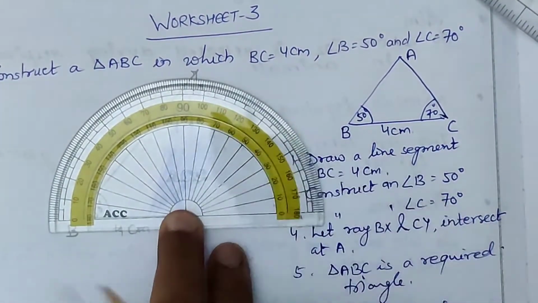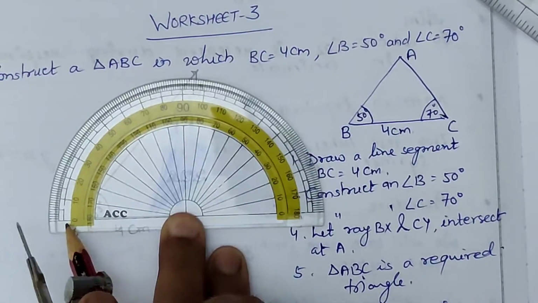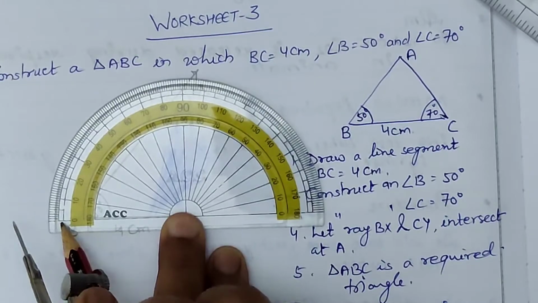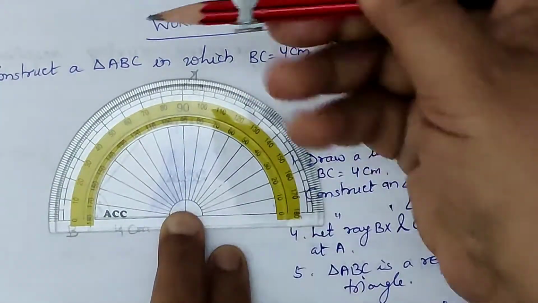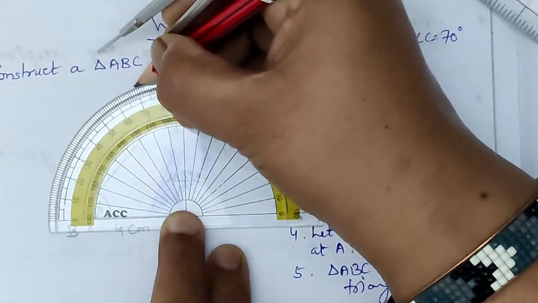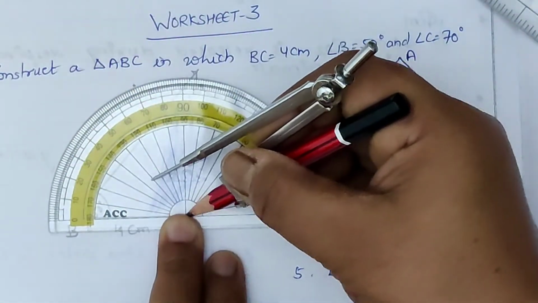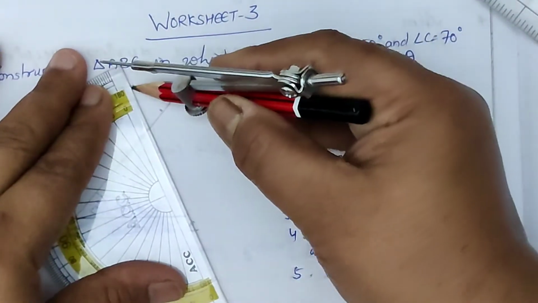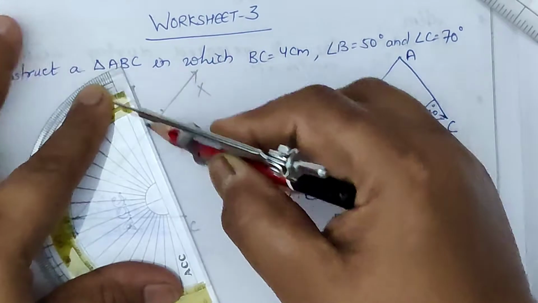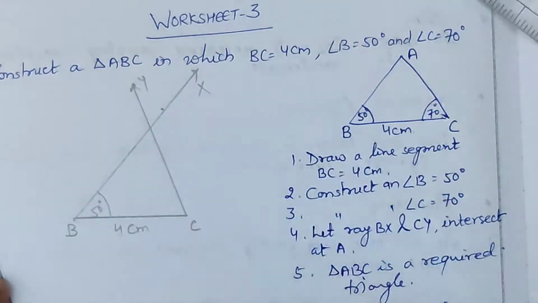See, the angle starts with 0 in the upper numbers, not from the 180, on 0. Start with 0, 10, 20, 30, 40, 50, 60, 70. Here is the angle number 70. This is the vertex of the angle. Now join. CY is a ray.